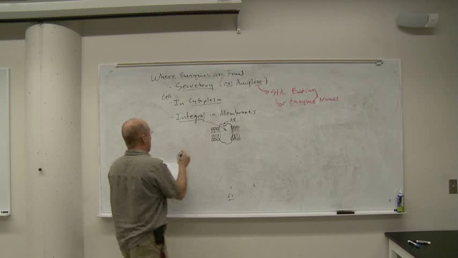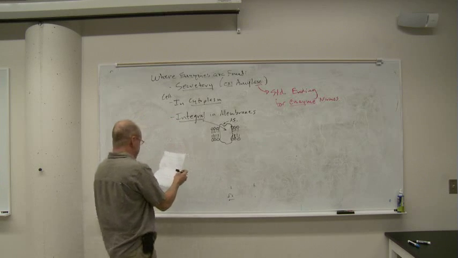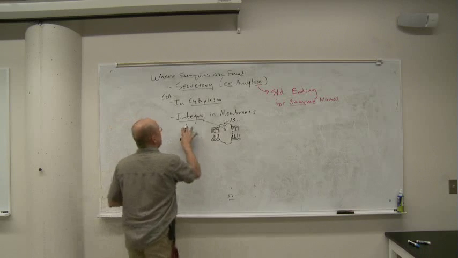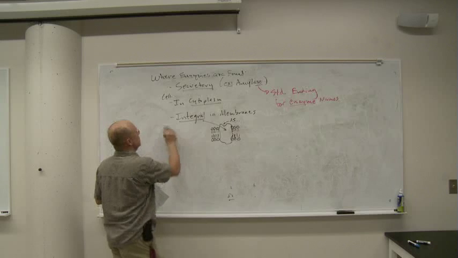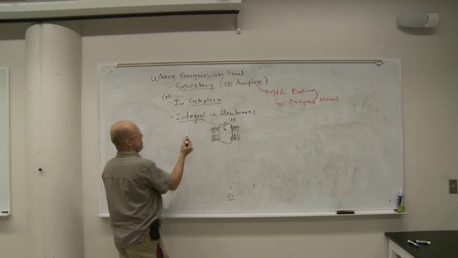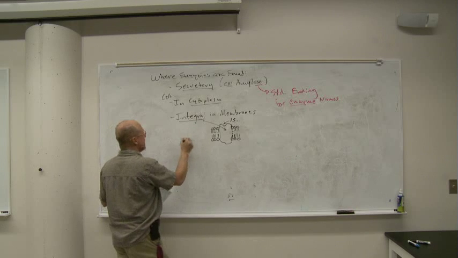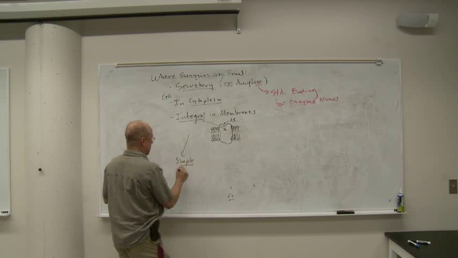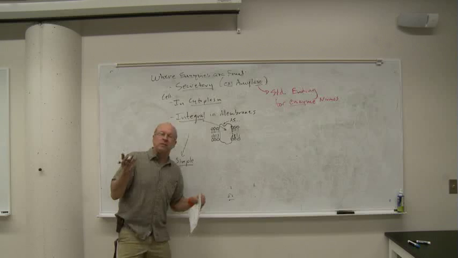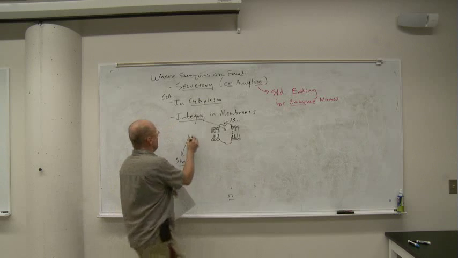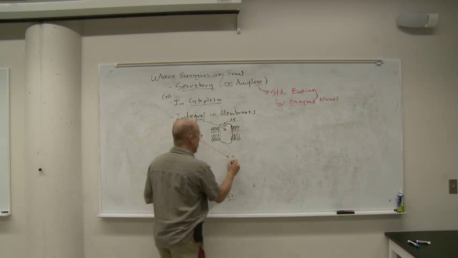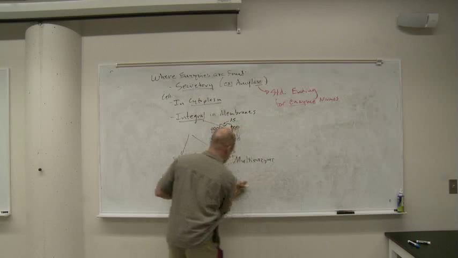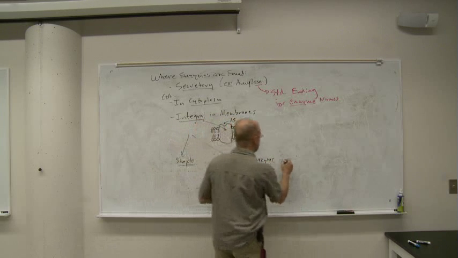Moving down, a lot of times for the integral enzymes in membranes you could have simple ones. Simple basically means one enzyme and one function, but we could also have what we call multi-enzyme complexes.